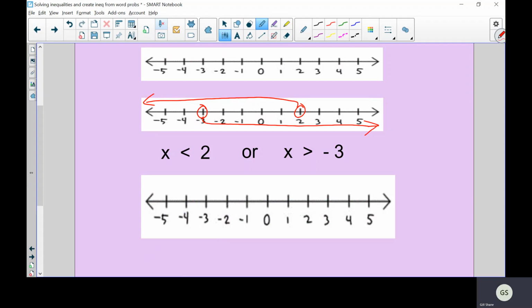So now what did we say about our final graph? What has to be true for an OR statement? We could test numbers, but I'm not even going to test numbers. What are we looking for visually? Quietly say something.